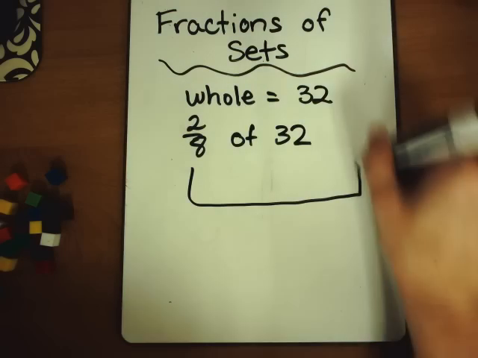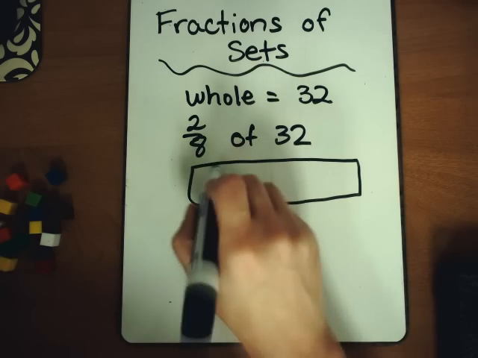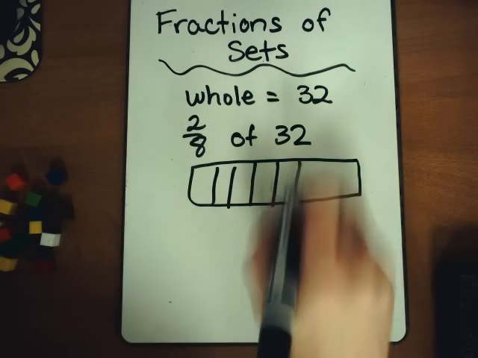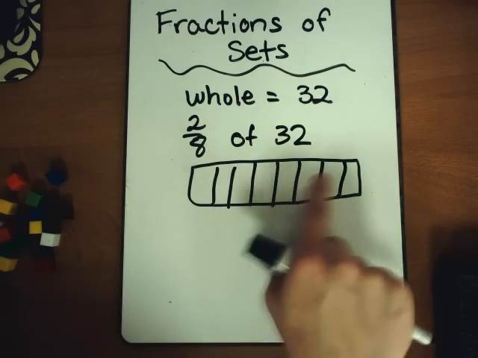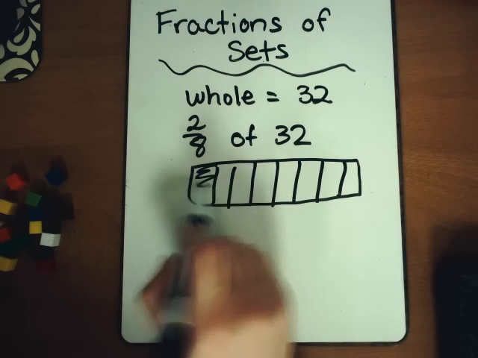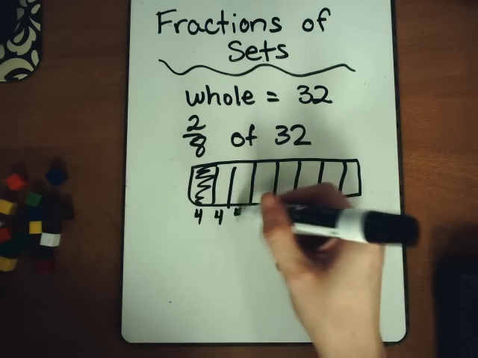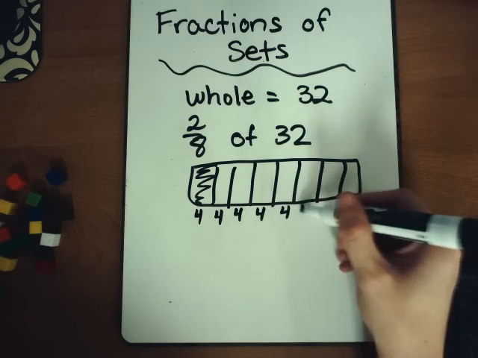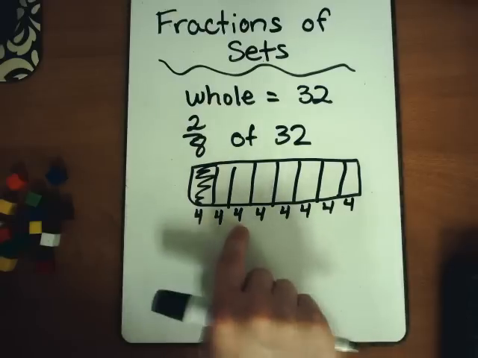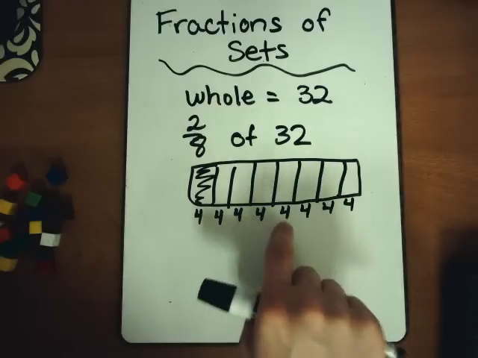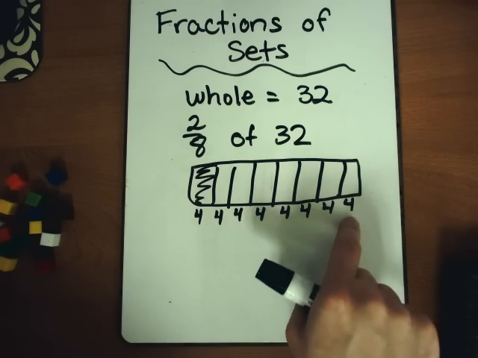So if I had my whole right here broken up into 8 groups, 1, 2, 3, 4, 5, 6, 7, 8, I would be able to put 4 in each of those groups. 4, 8, 12, 16, 20, 24, 28, 32, right?